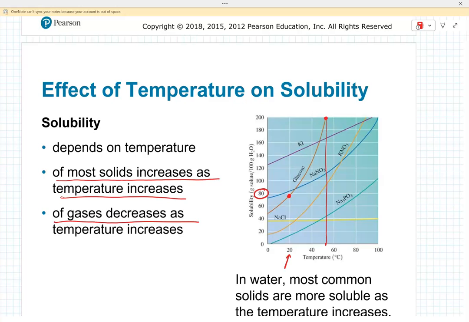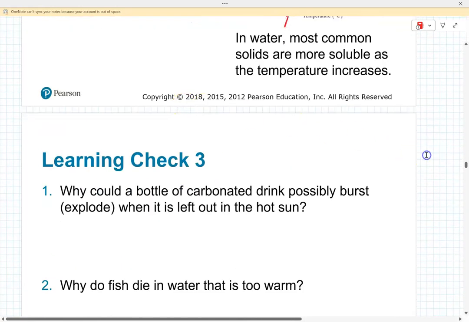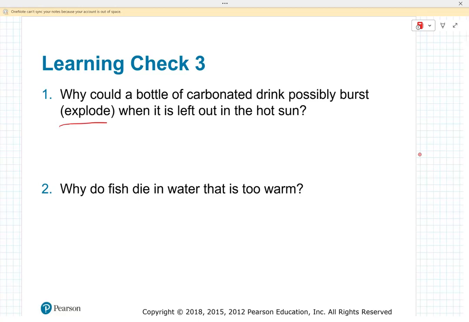Go to a lake, like a smaller lake, in July, August, and go into deep water. There's a clear distinction. Top layer, maybe 1-2 feet, which is pretty warm, and then it drastically decreases. So that's the explanation. Okay. So if you leave a can of Diet Coke in the car in the summer, it can explode.